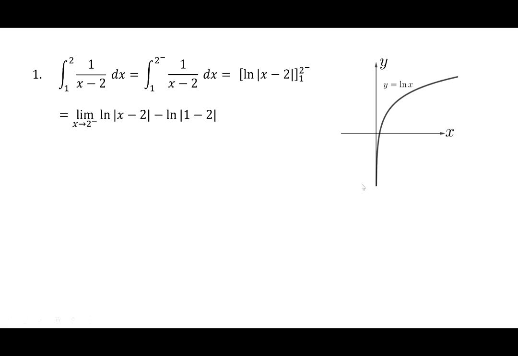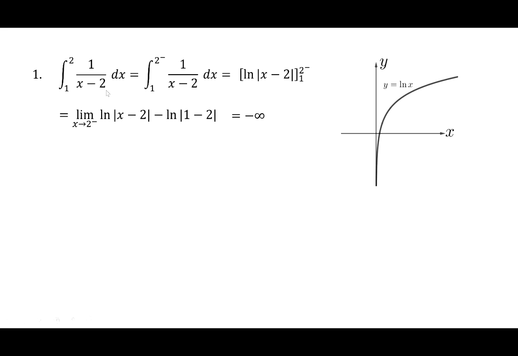So it's approaching negative infinity. So the first term, that limit, actually goes to negative infinity in this case. Negative infinity minus this quantity itself. 1 minus 2 is negative 1. Absolute value of negative 1 is positive 1. Natural log of 1 is 0. So we have negative infinity minus 0, which is negative infinity.